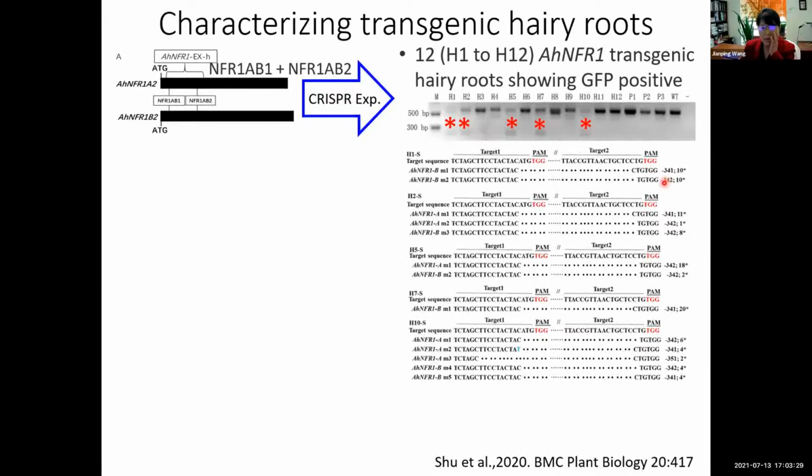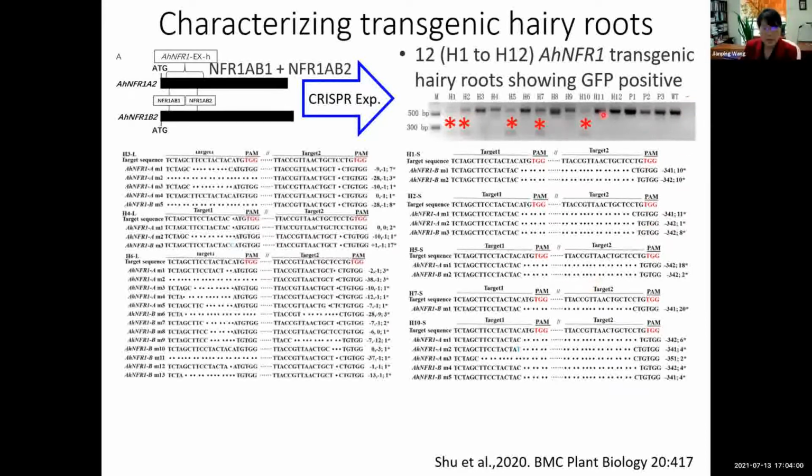The size is about 341 or 342 nucleotides, which is similar for the other events of these 5 small fragments. And of course, we also sequenced the longer fragments. P1 up to P3 are the events which we transformed with just the empty vector. And this is the wild type, and here is the water control.